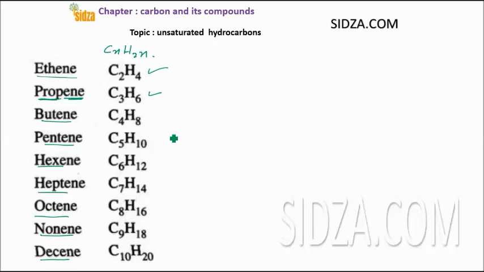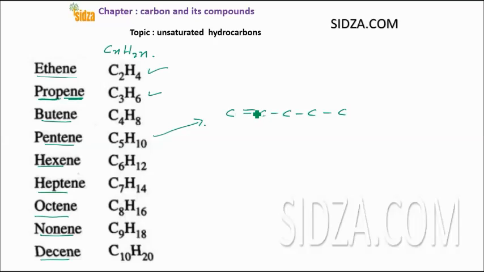And again randomly, let me draw here the structure of pentene. How should I draw the structure? As I said, we will first write down the number of carbon atoms. How many carbon atoms are there? 5. So 1, 2, 3, 4 and 5. Since there is a double bond, you can have a double bond over here, right?